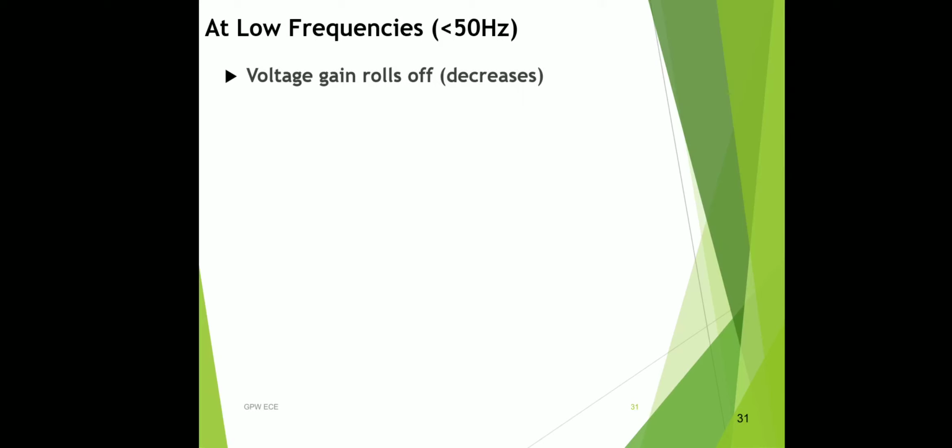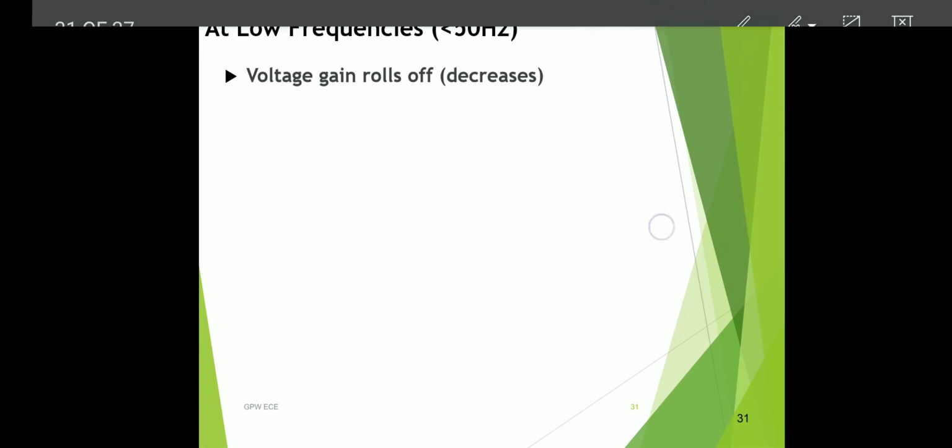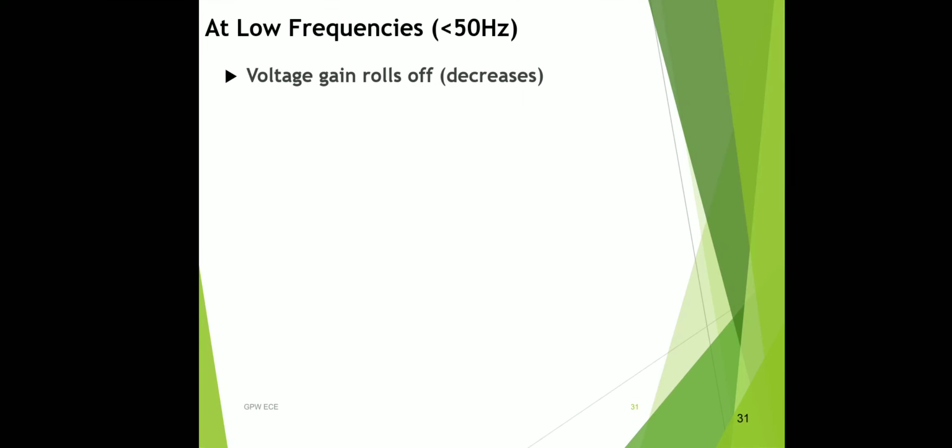Now at low frequencies, that means frequencies less than 50 Hz, the voltage gain rolls off; the voltage gain decreases. From 50 Hz to 20 kHz it is high, the maximum value. Below 50 Hz the gain decreases.